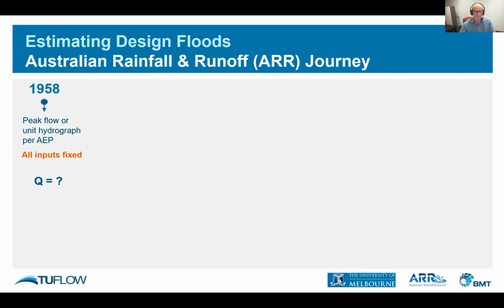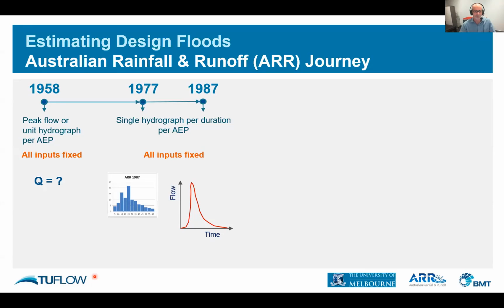Obviously, no fancy computers back then, and it just allowed engineers to come up with a peak flow or maybe a unit hydrograph. In 1977, they moved to a more sophisticated approach where they tried to get away from the unit hydrograph approach and actually have a temporal pattern for your rainfall that is closer to reality. And 1987 was similar, but based on a lot more data and more research, and more thorough.